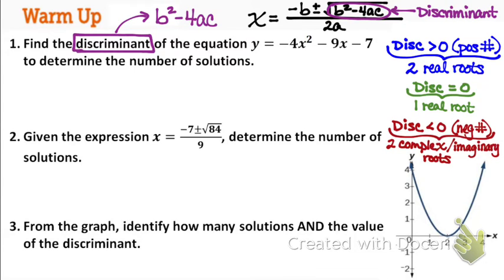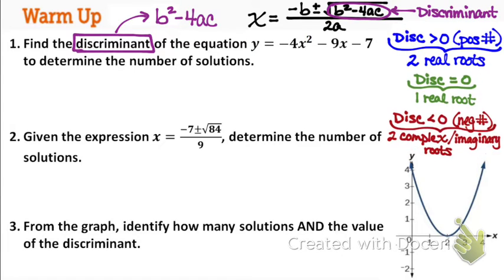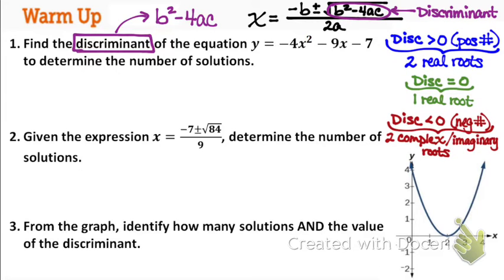All right, so now let's actually dig into our bell work. We're going to do b squared minus 4ac on number 1. What am I going to use in the place of this b right here? What number will I substitute in? -9 right here.